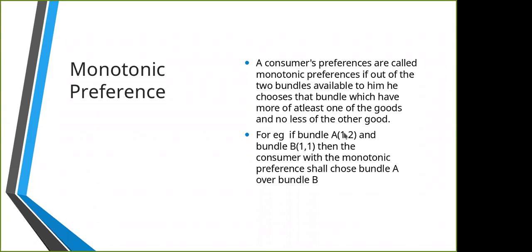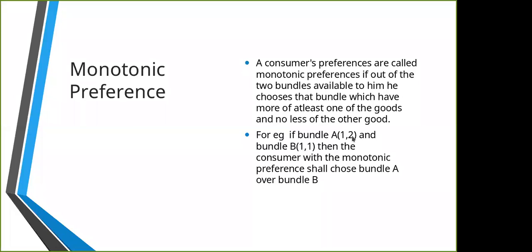Because it has more Y, right? Yes, sir. Yes, it has got more Y. So this kind of preference, in which you choose that bundle which has more of at least one of the items and no less of the other good, is called monotonic preference. See, the quantity of X is the same in both the bundles, 1 and 1.